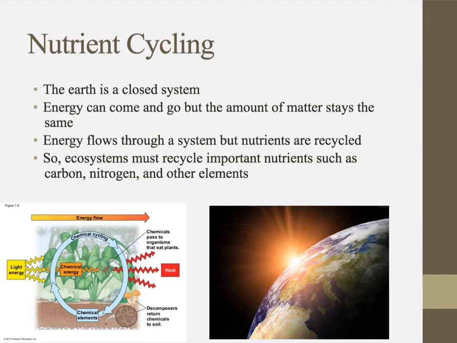Every now and then space dust or meteorites fall to Earth, but for the most part, whatever matter we have on Earth is all we have. We're not getting any new matter. So whatever we have on Earth has to be recycled: consumed, used for something, and then recycled, because we're not getting any new stuff. For that reason, we say that nutrients are recycled.